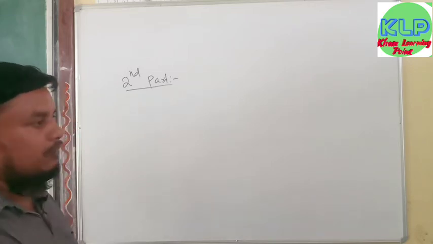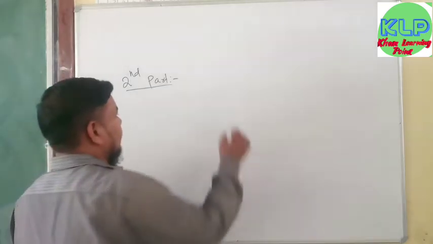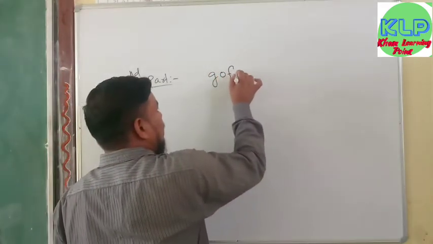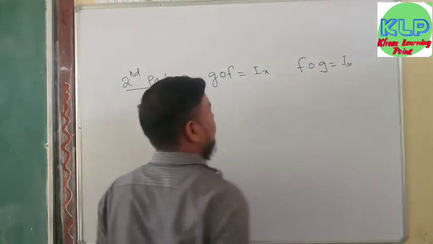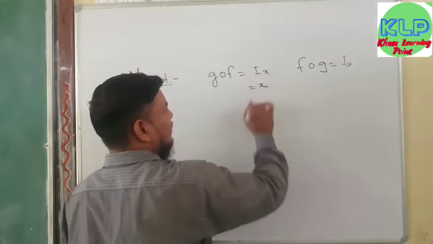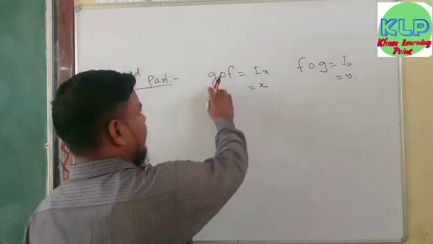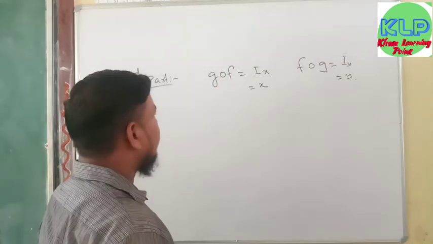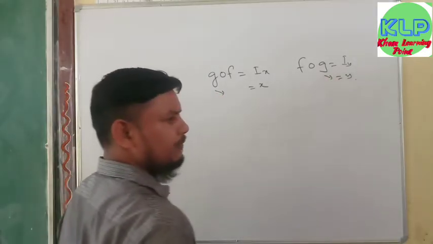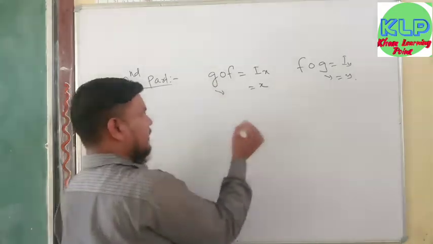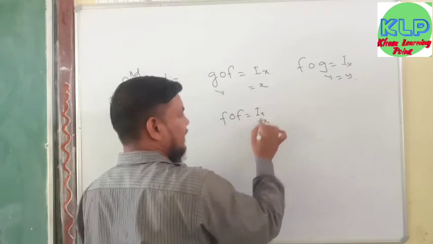Second part, what is the inverse of f? What is the condition for invertibility that we have got? If g of f is equal to I_X and f of g is equal to I_Y, I_X means the identity on X, I_Y means the identity on Y, same. Then g is called the inverse of f. Here, if we replace g by f, so what will happen? You see, if we replace g by f, f of f is equal to I_X or x.